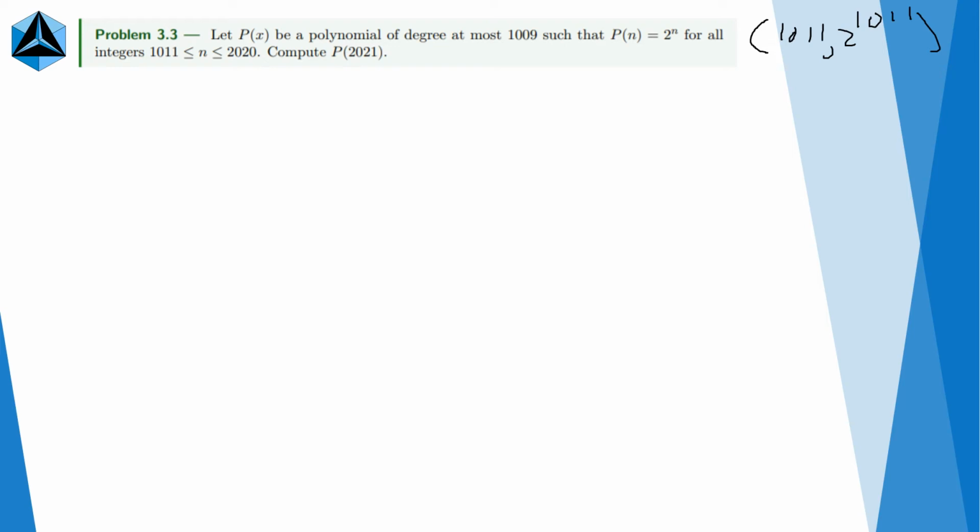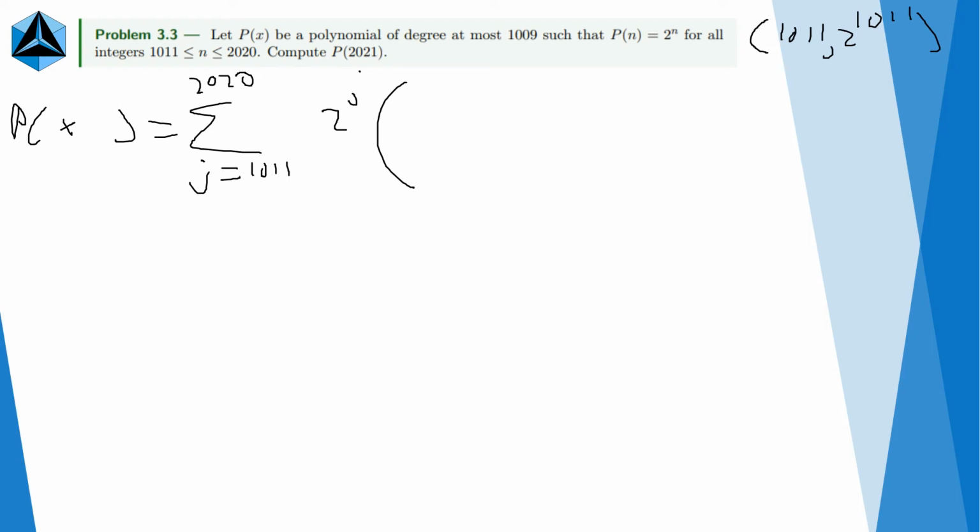So I already told you we're going to be using Lagrange here, so let's just do it. Let's put this into the formula. So P of x is equal to the sum from j equals 1011 to 2020 of 2 to the j times, so now instead of doing k is not equal to j, we're going to split it up into when k is less than j and when k is greater than j.